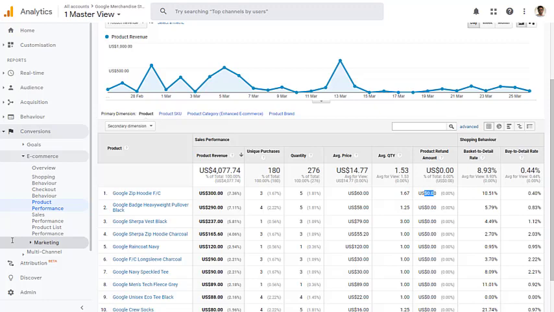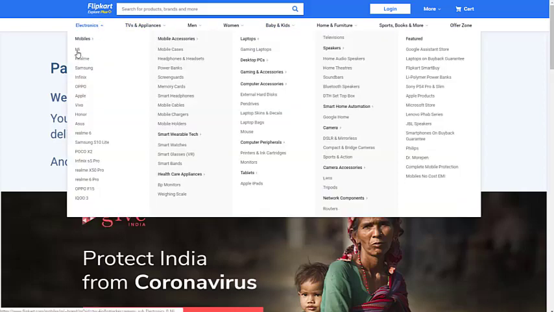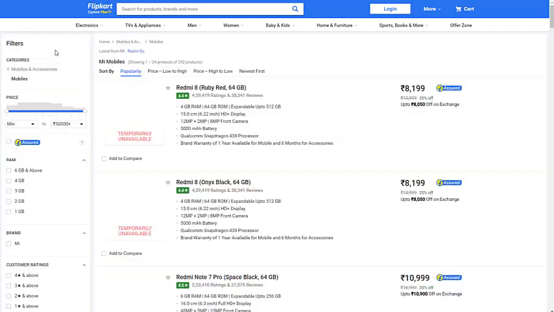Then we also have basket to detail rate and buy to detail rate. Basket, what is basket? Basket is nothing but cart. You can add a product to a cart, right? This is basket, what we call in Google Analytics. It is nothing but the cart.